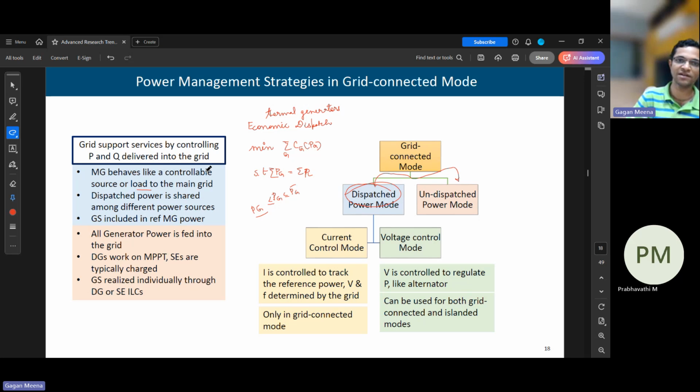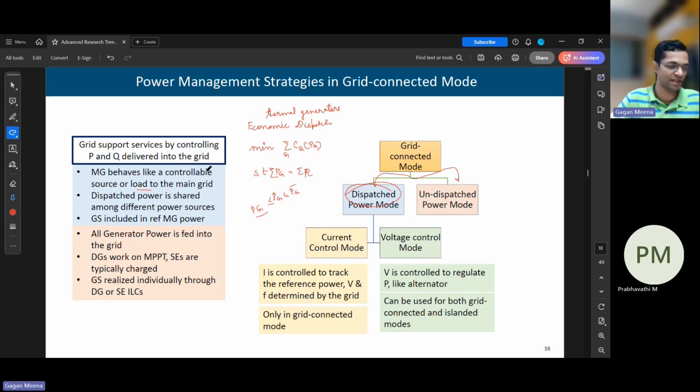And similarly, it can also reduce its generation. Let's say in daytime, PV was at its peak and the battery is fully charged, loads are already met. In that case, the microgrid can provide more power. It can sell the maximum.